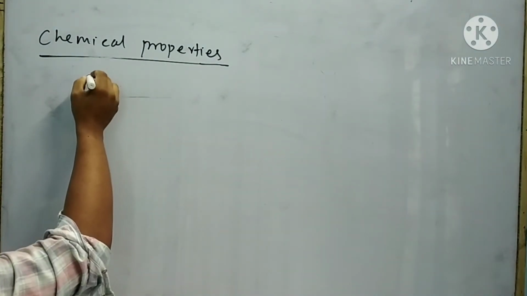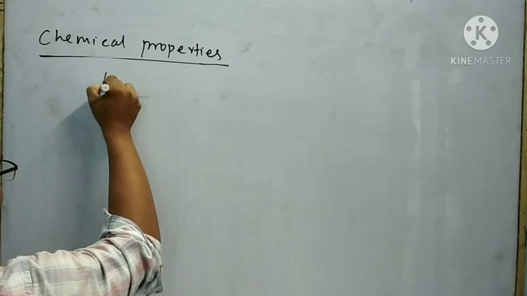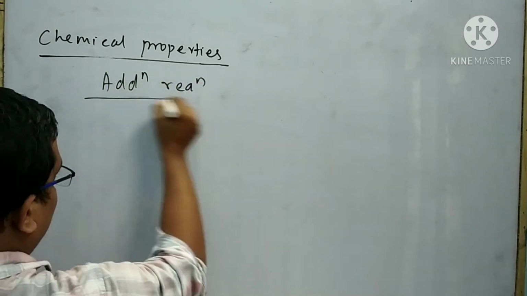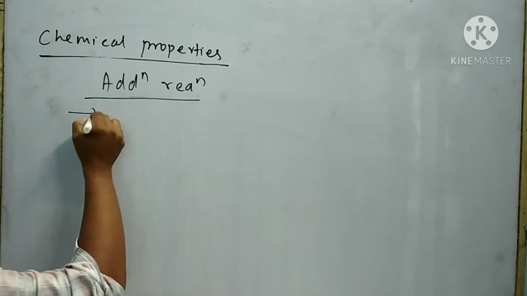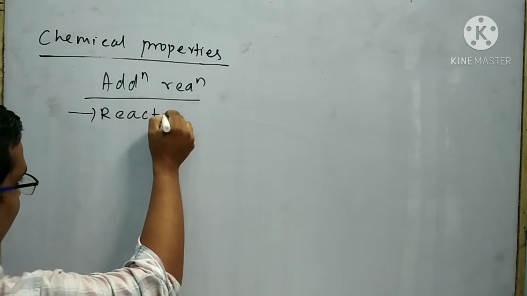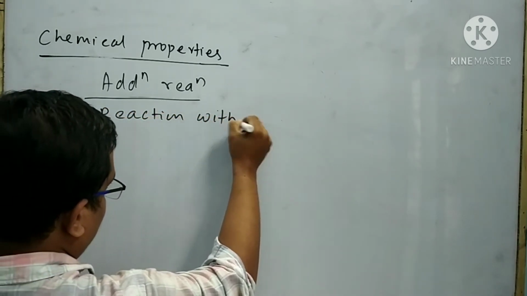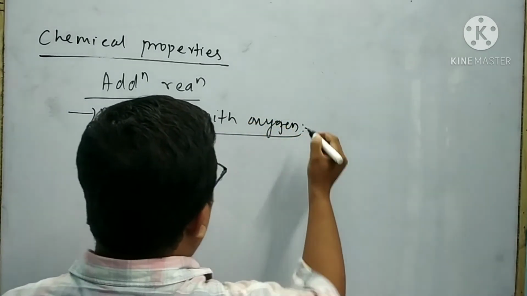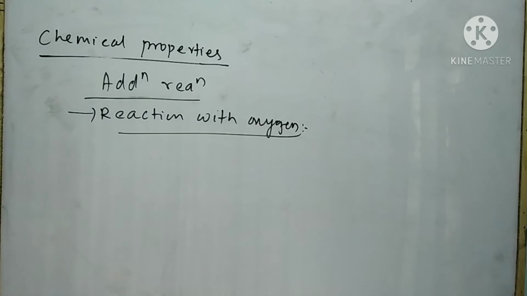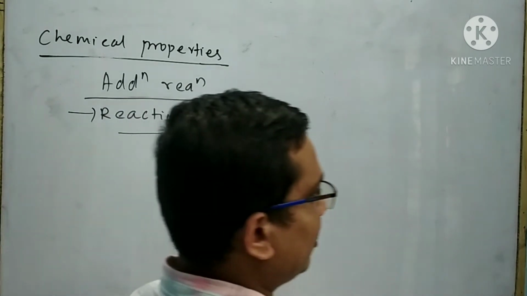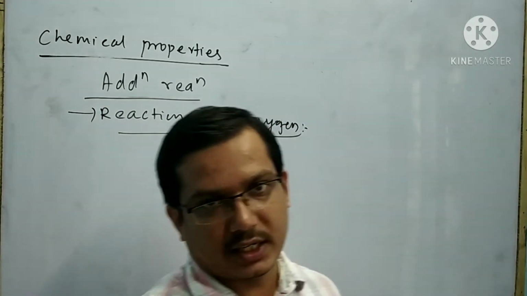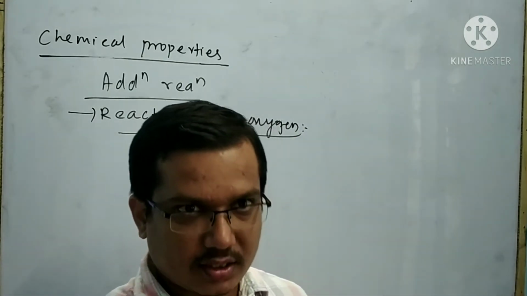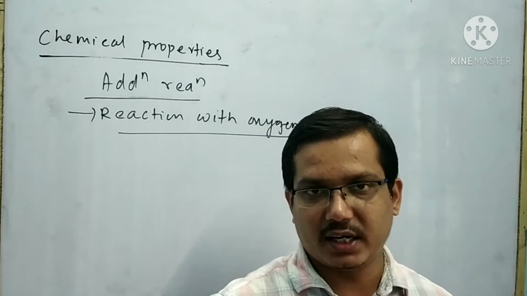Next I will explain some addition reactions of sulfur dioxide. First reaction is reaction with the oxygen. When sulfur dioxide combines with oxygen at 450 degrees centigrade in the presence of platinized asbestos, then sulfur trioxide is formed.